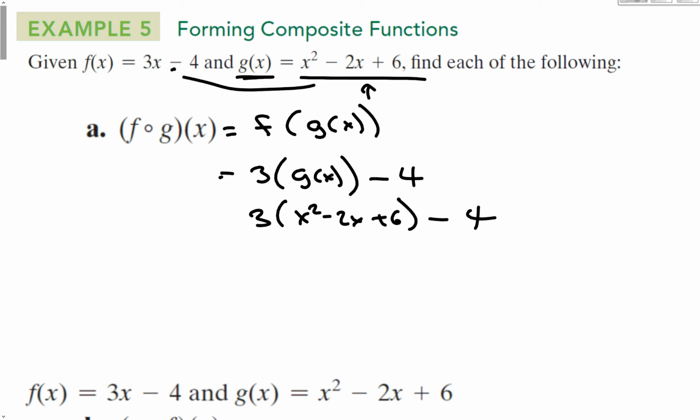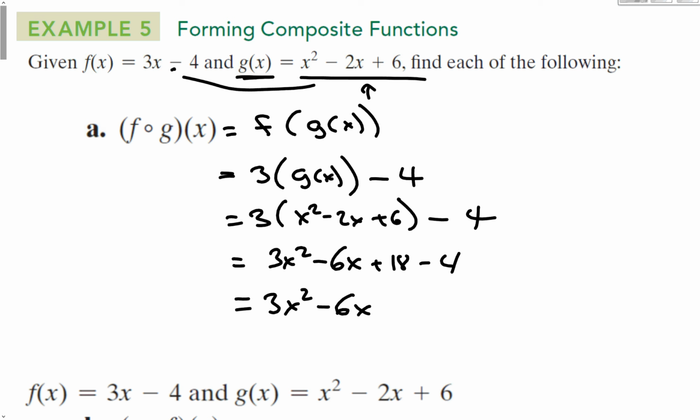Okay? And now we just combine like terms. So I get 3x squared minus 6x plus 18 minus 4, which then simplifies to 3x squared minus 6x plus 14.